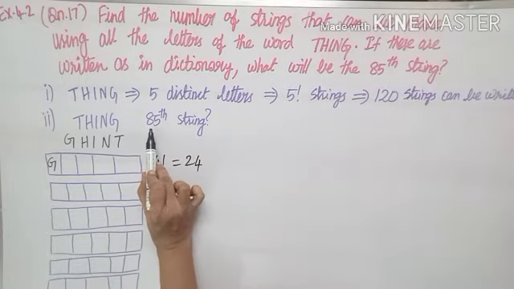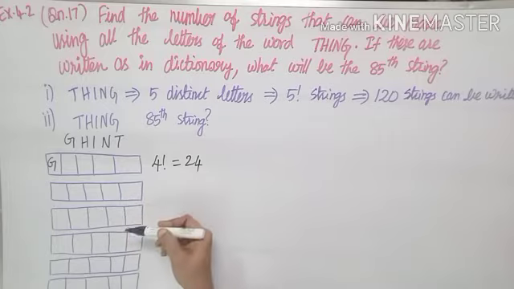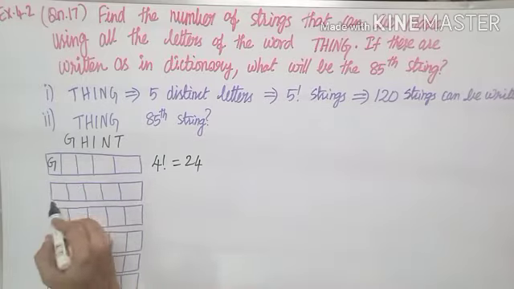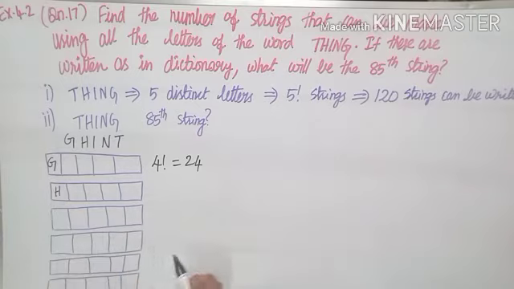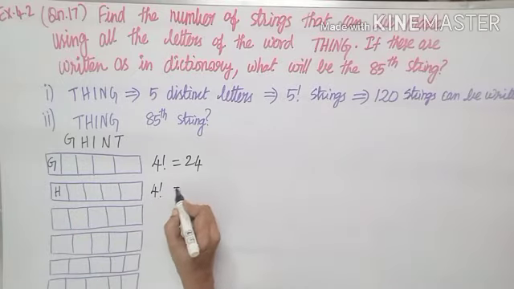My question is 85. 24 is not sufficient. So go towards the next letter. The next letter is H. If H starts, again 4 boxes are there. I can fill the 4 remaining letters in 4 factorial. I get 24.